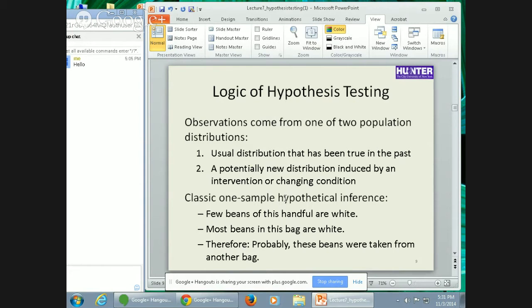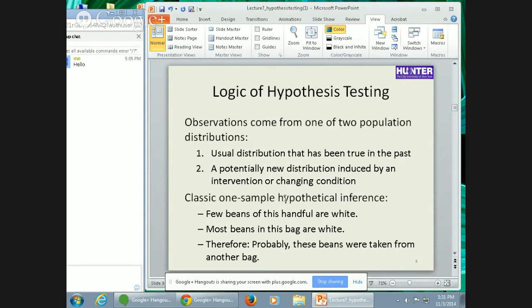A classic example of this would be you have a handful of beans, very few of them are white, and then we have a big bag of beans here and most of them are white. Is this handful from this bag? Depending on your sample size and just how many of them are white, you might say probably they could have been taken from this bag, or probably they were taken from another bag.